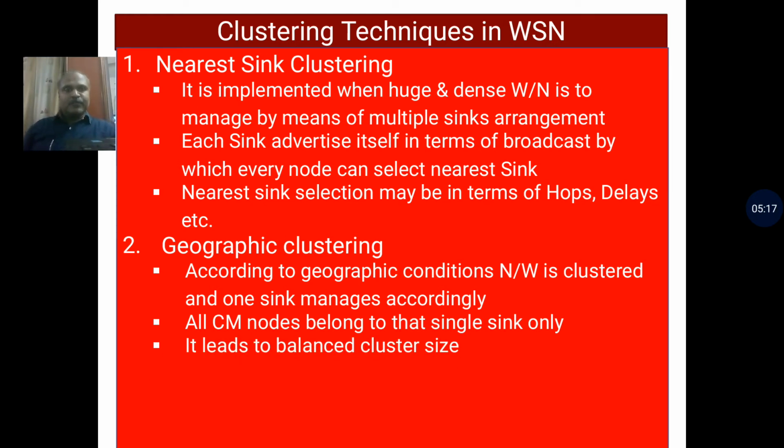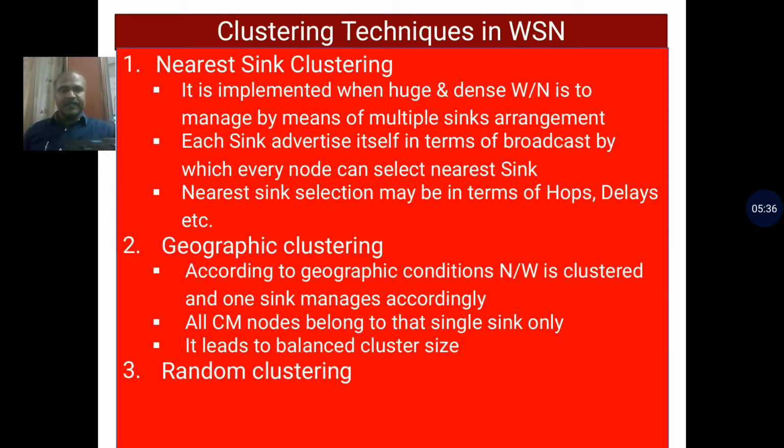It leads to balanced cluster size as each cluster is according to the geographic condition and each cluster has a particular devoted single sink, so balanced cluster sizing is possible through the network.